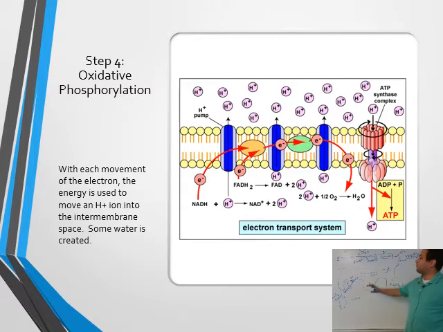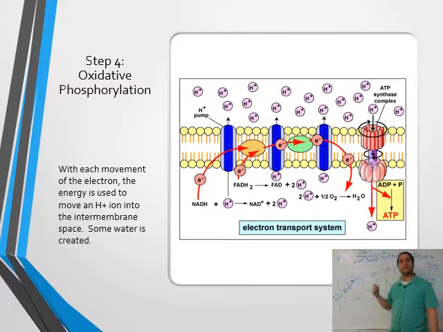So what you're doing is you're moving hydrogen across this barrier, creating an electrochemical gradient. Where does the hydrogen want to go? You've got lots of hydrogen up here, no hydrogen down there. It wants to come back, and it wants to do that because of diffusion, right? Problem is, this is a semi-permeable membrane. It's not letting the hydrogen through.